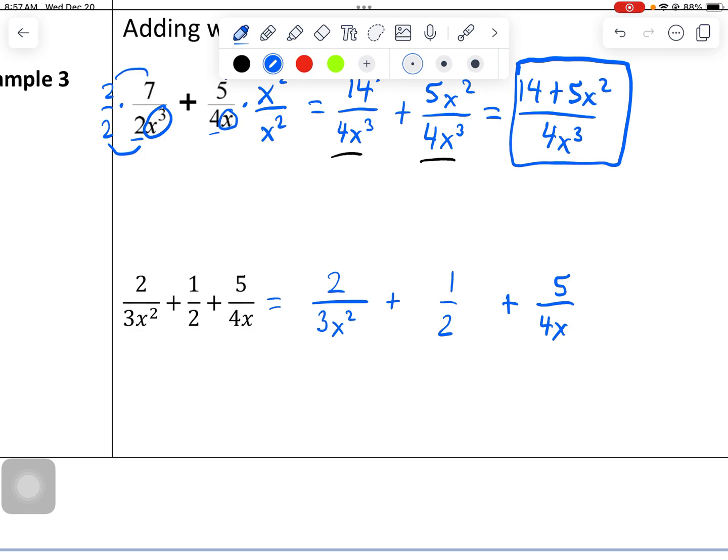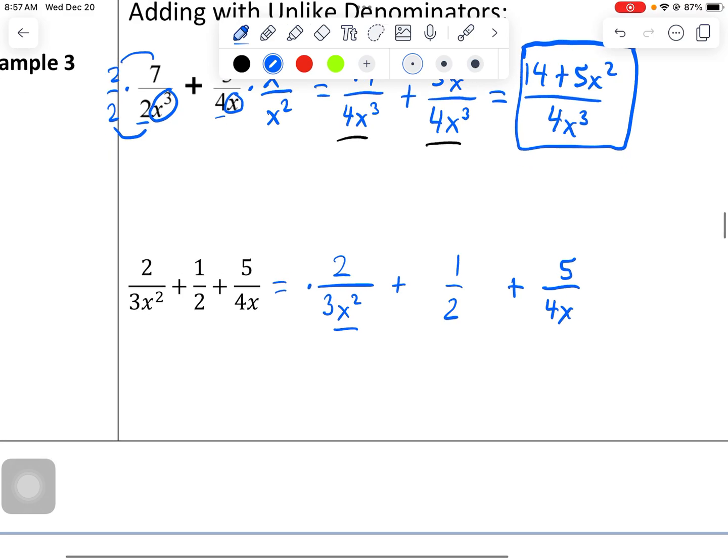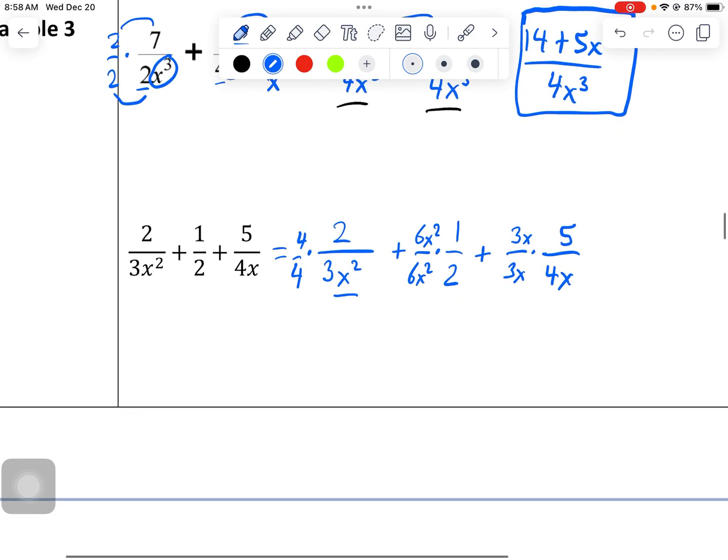So we need to figure out what numbers multiplied by each of those gets us to 12. Then we also need to get to an x squared. So this first fraction, we only need to multiply by 4 over 4. This one, to get 2 to become a 12, we're going to multiply by 6, but we also need an x squared. And the last one, we're going to multiply by 3x because we need to make that lone x into an x squared.